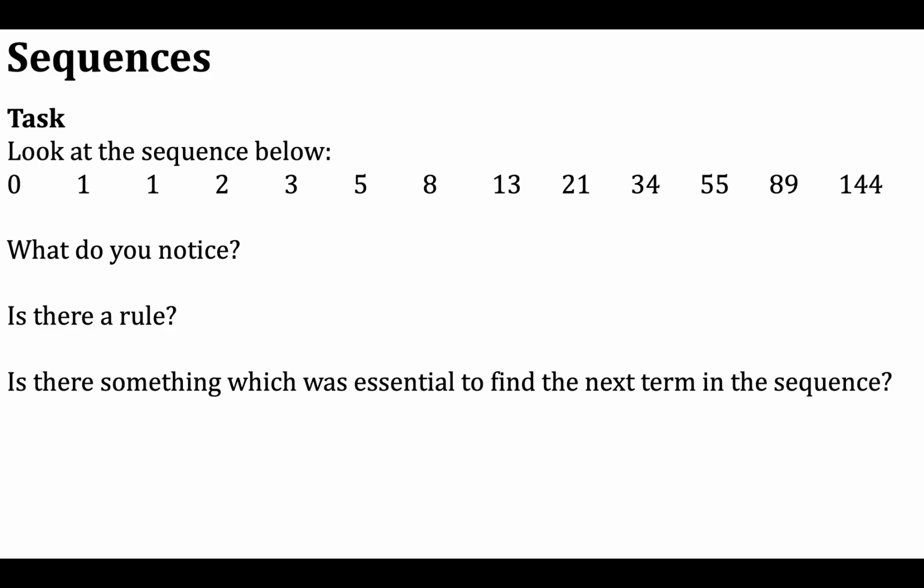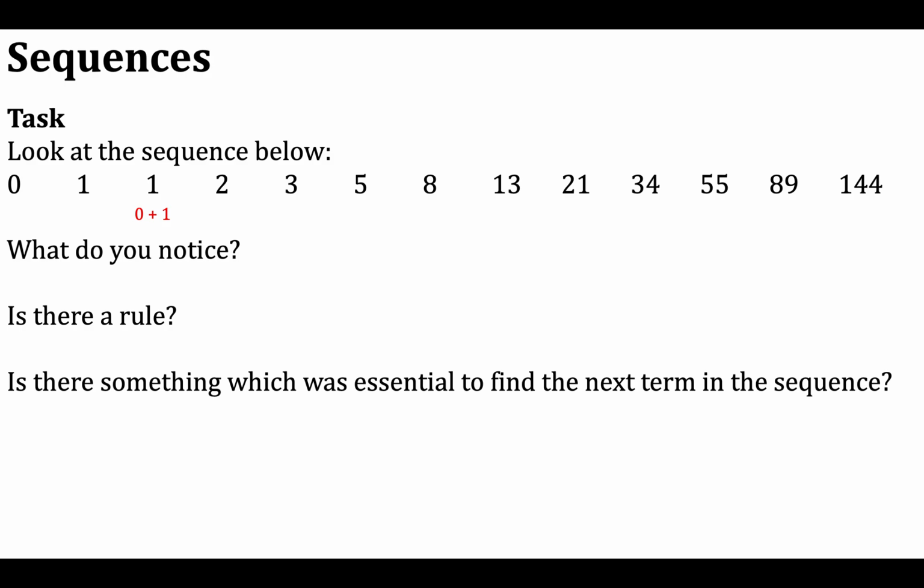Okay, welcome back. Obviously if we were in the classroom just now, we would be having a bit of a discussion about what people noticed about this sequence. Hopefully you've noticed that to get a term in the sequence, you have to add together the previous two terms.